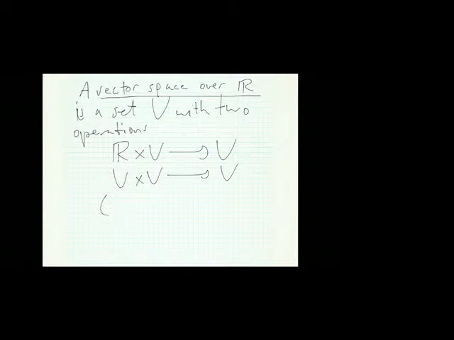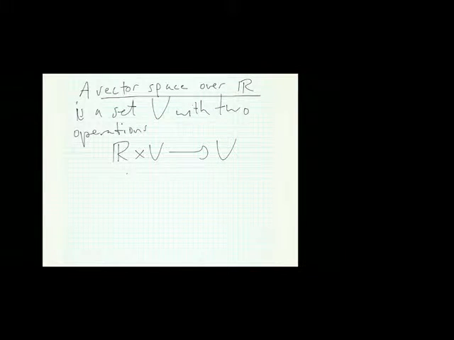So I have a map that takes ordered pairs. Alpha here is a real number, v is an element of V. In fact, let me clarify this a little bit.